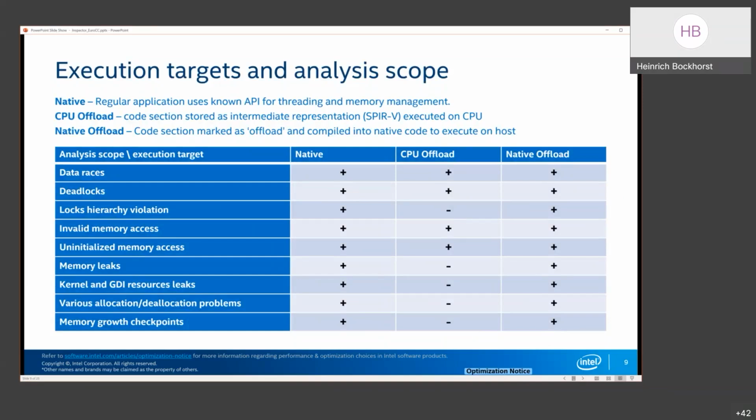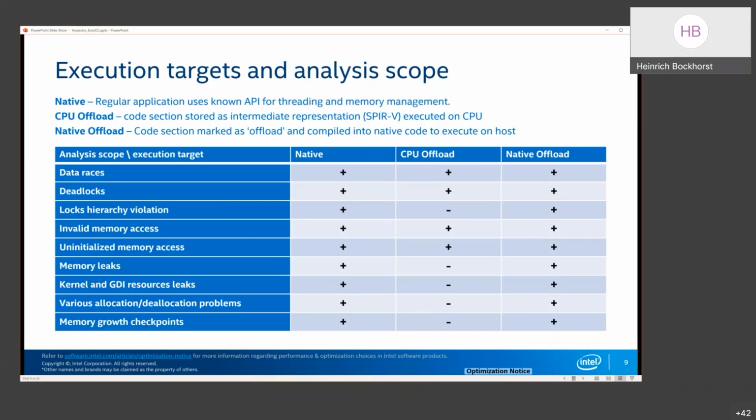So the SPIR-V intermediate code is generated but executed on the CPU. And the last, native offload, is that you have this OpenMP offloading, but you force by environment variable the system to execute it on the host.